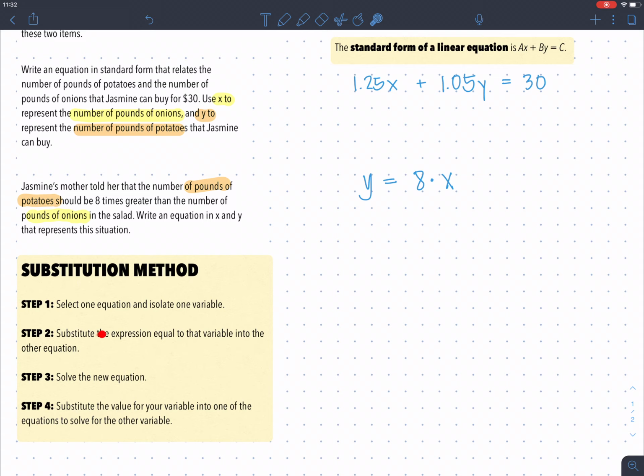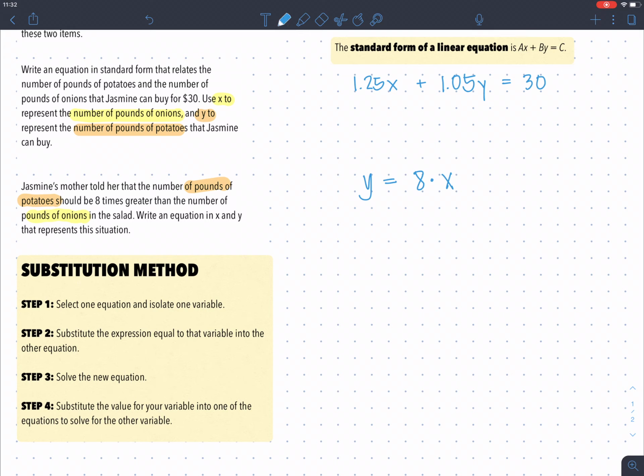Step 2, substitute the expression equal to that variable into the other equation. Step 3, solve this new equation. And then step 4, substitute the value of your variable into one of the equations to solve for the other variable. So these are my two equations, and instead of graphing them, we're going to use the substitution strategy.